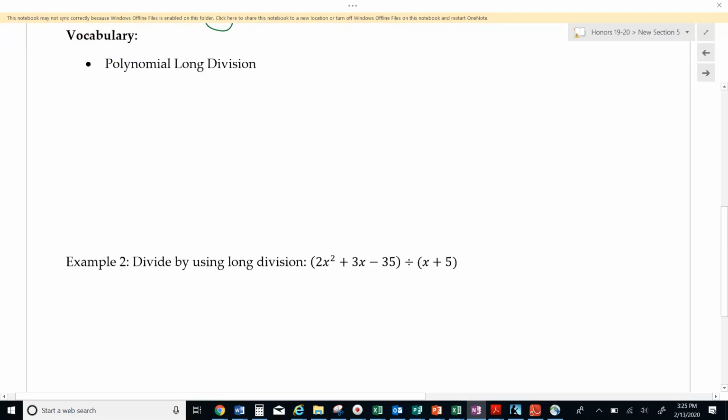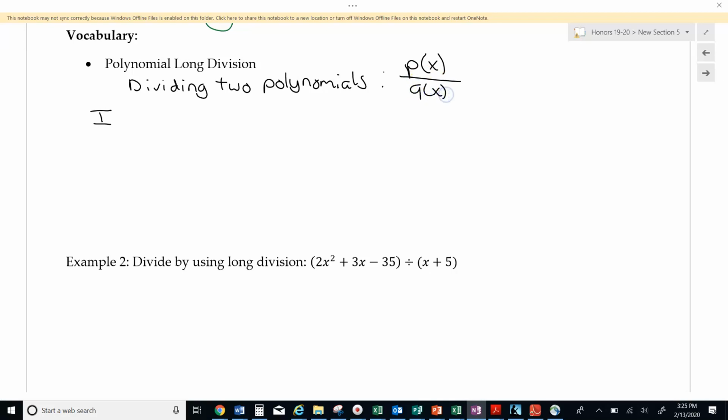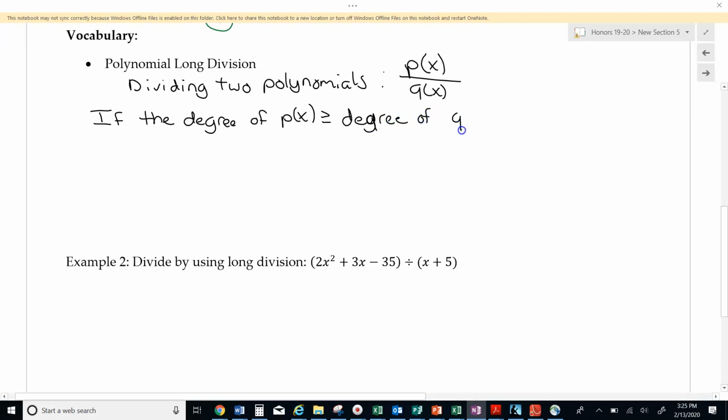Polynomial long division is dividing two polynomials, such as p of x divided by q of x, if the degree of p of x is greater than or equal to the degree of q of x.